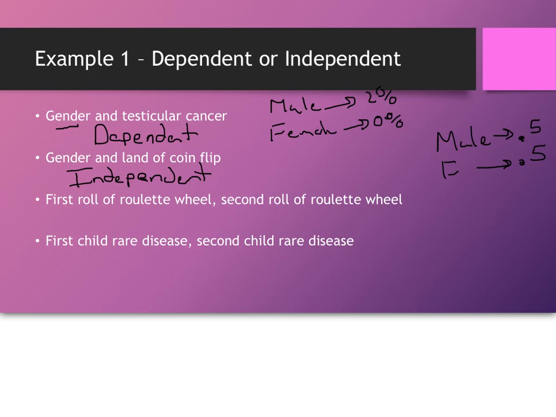So if you look at things like the first roll of a roulette wheel versus the second roll of a roulette wheel, no matter what the first roll outcome was, the second roll is going to still have the same odds. It's going to be 1 out of 38 of getting your number, or however big the roulette wheel is. So the two rolls are going to be independent.